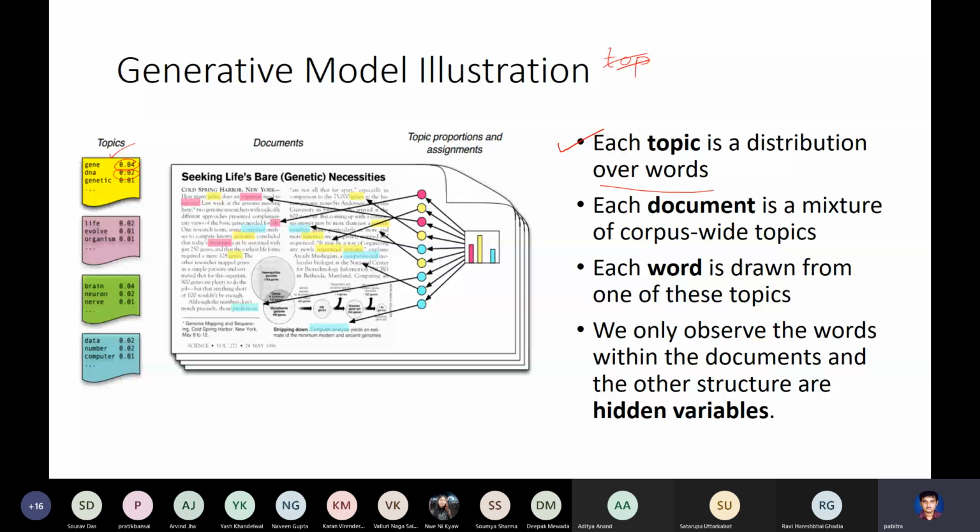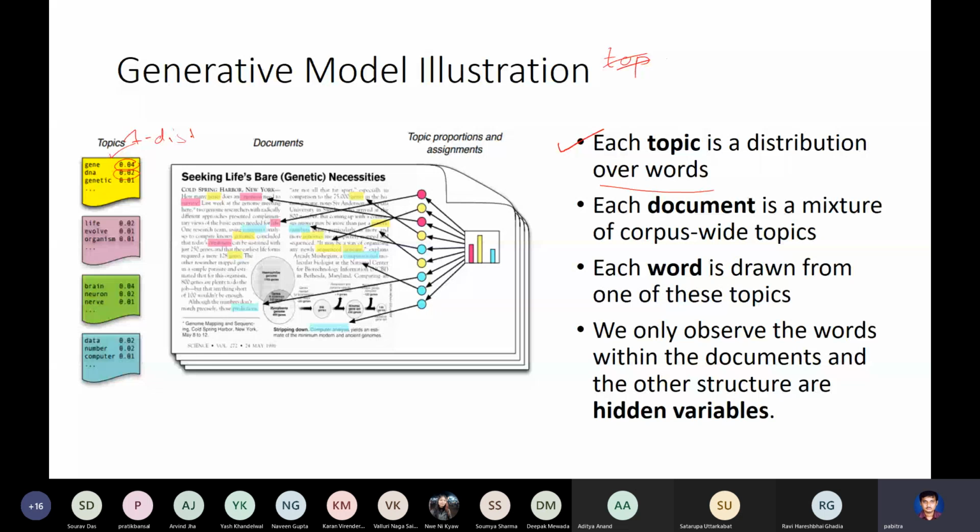So I am defining a distribution over my words in the dictionary. Every topic is nothing but a distribution over the dictionary, a distribution over the words. So first I generate this. This is topic 1. I can also call it distribution 1.